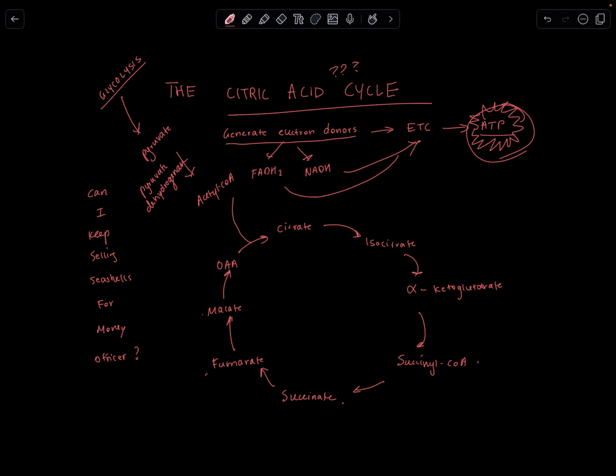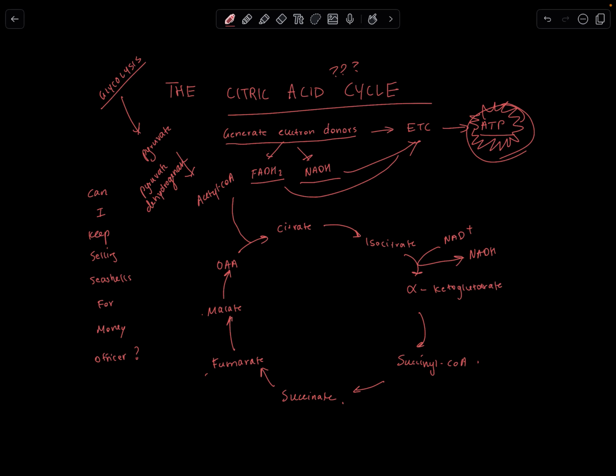All right. So if you remember, I said that we were going to be generating FADH2 and NADH. Where are these going to be generated? All right, so this is one spot where it's going to be generated. NADH will be generated on this step, so we're basically converting NAD plus into NADH.